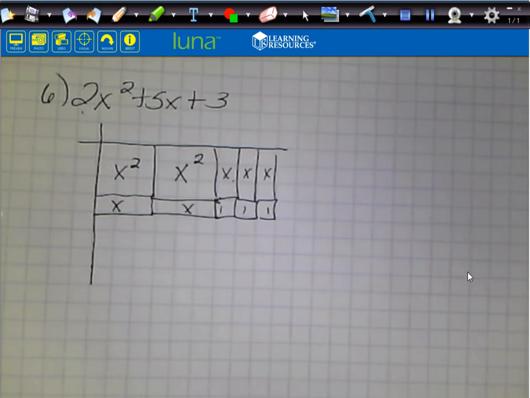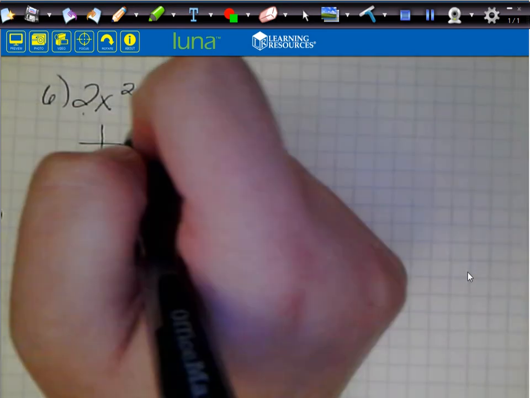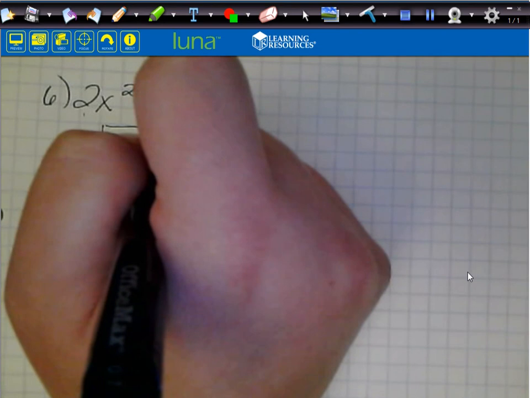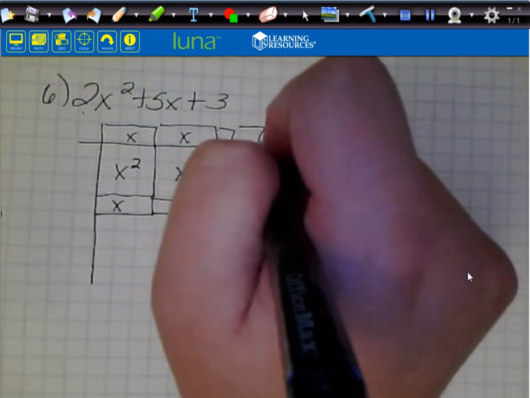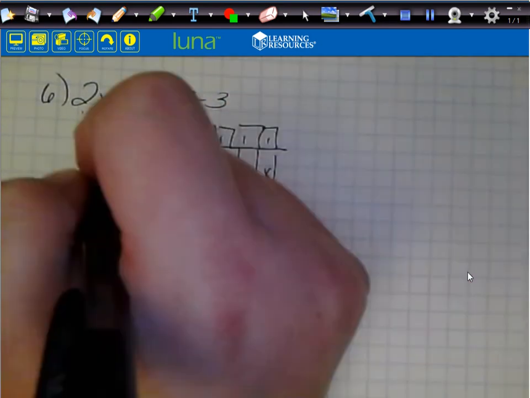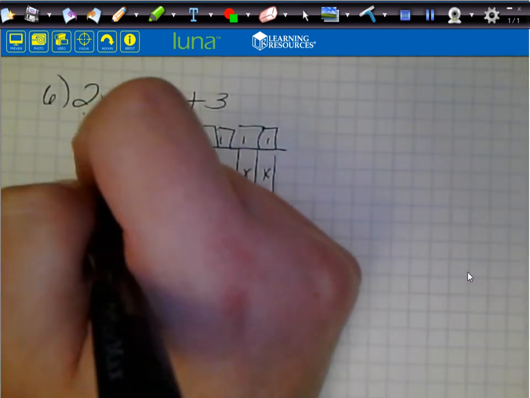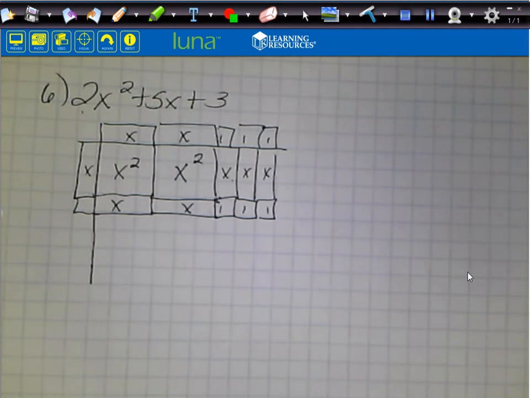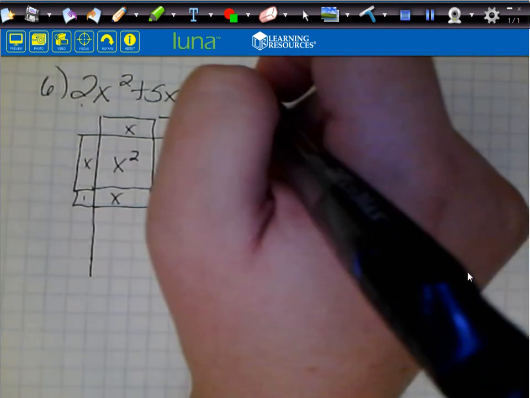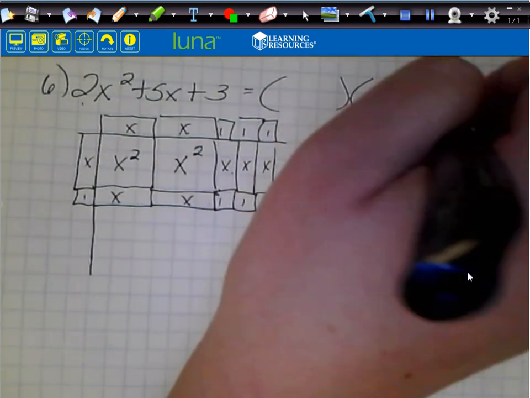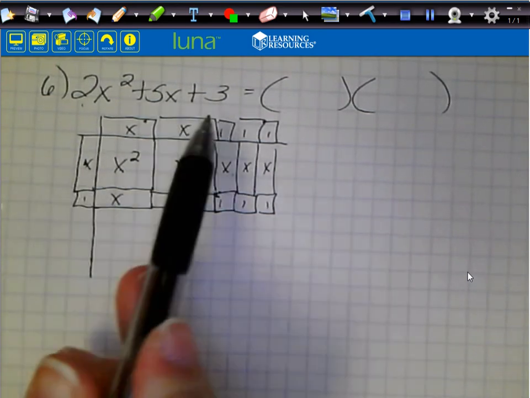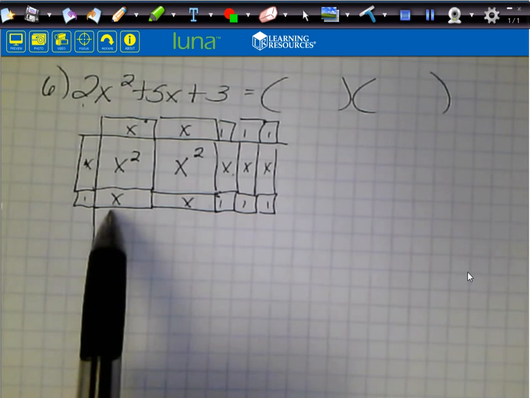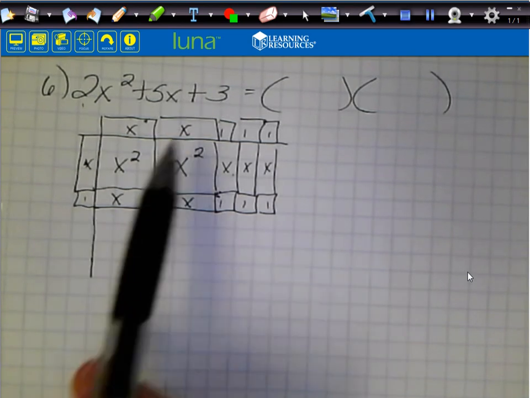That makes my pretty little rectangle, and I don't have any negatives here. So here I'm going to have 2 x pieces on the top here, and 1, 2, 3 unit pieces. And here I'm going to have an x piece and 1 unit piece. And again, you can check to make sure this works. X times x is x squared, x times x is x squared, x times 1 is x, 1 times x is x, 1 times x is x, 1 times 1 is 1.